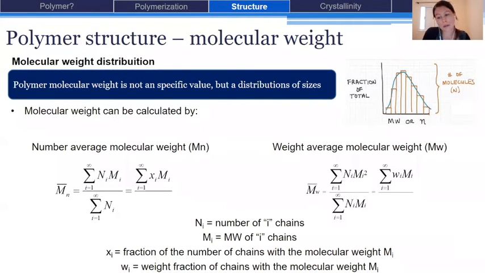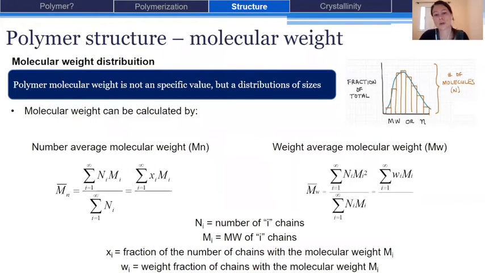And so in that case, we will say that we have a molecular weight distribution. So the polymer molecular weight is not a specific value, but a distribution of sizes. And so in order to describe the molecular weight in a sample, we will use the average molecular weight.